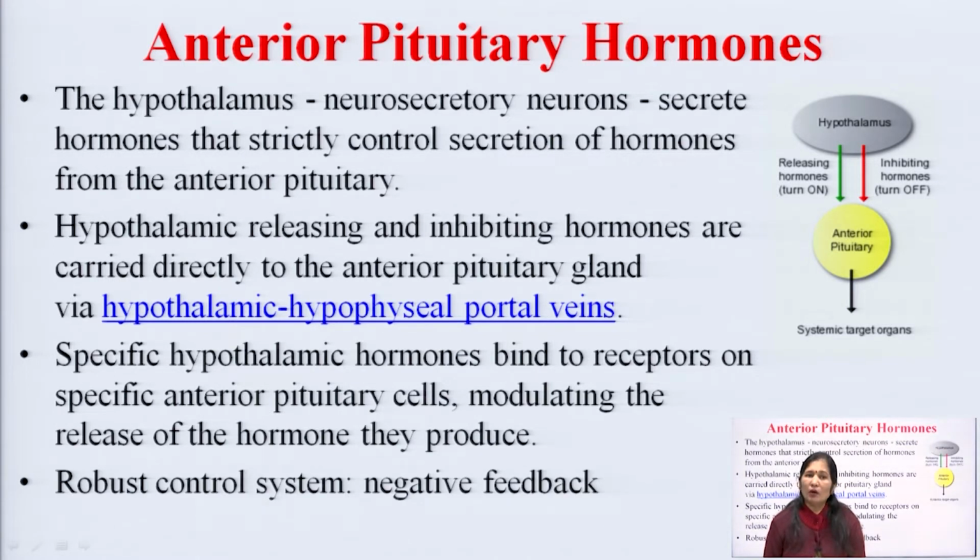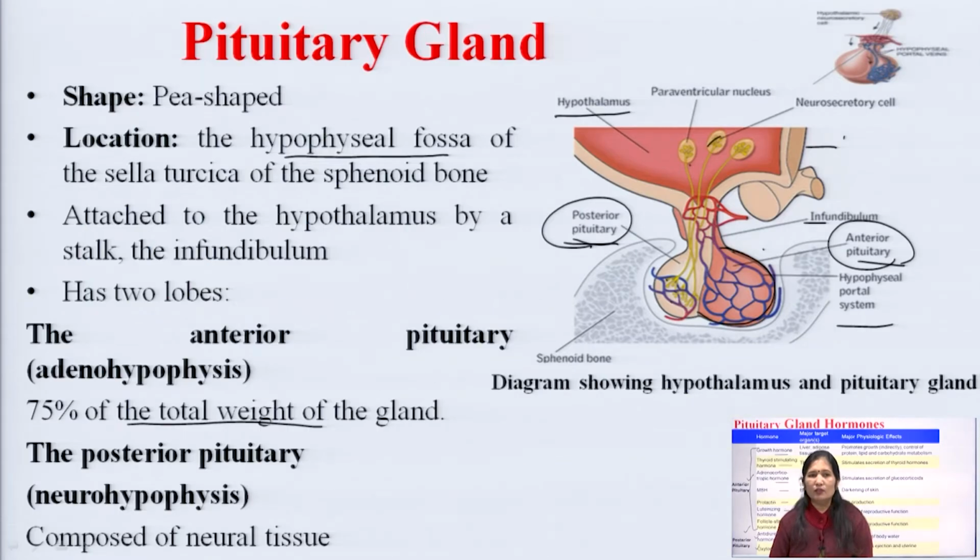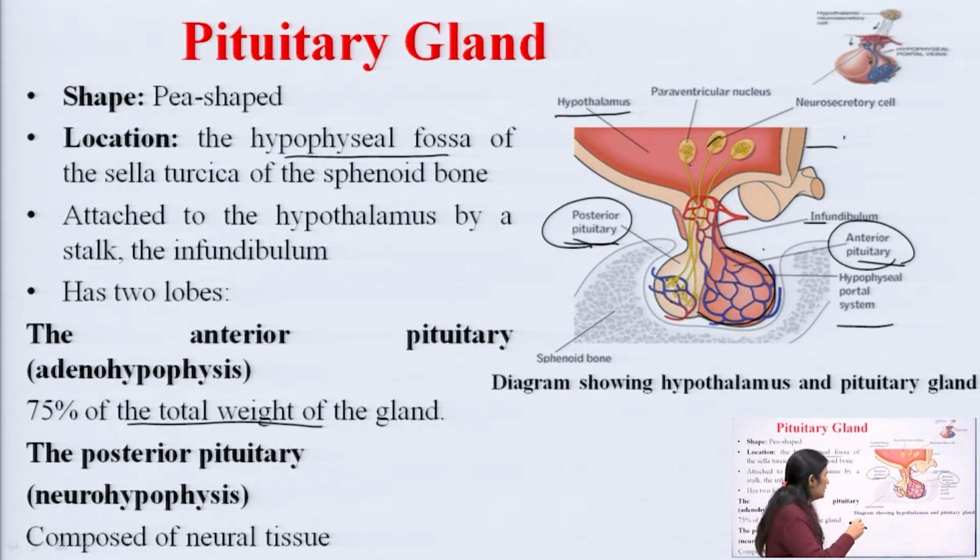How? Because hypothalamus releasing hormones and hypothalamus release inhibiting hormones are carried directly to the anterior pituitary gland via hypothalamic hypophyseal portal vein. In the previous slide we have seen this is the hypothalamus, hypophyseal portal system, that is blood capillaries that surround the pituitary gland.